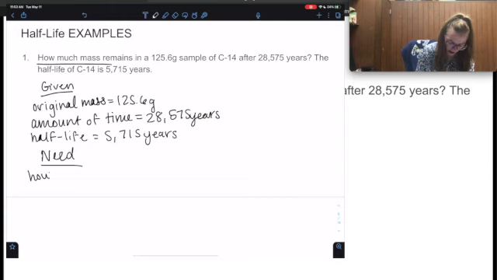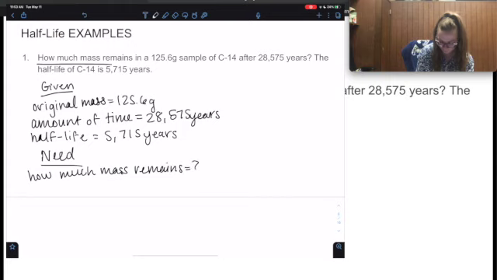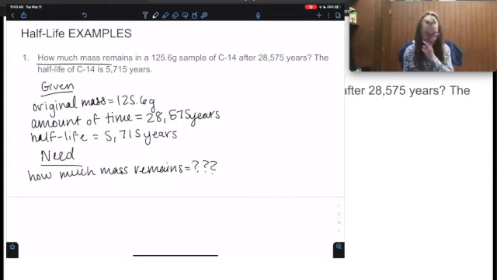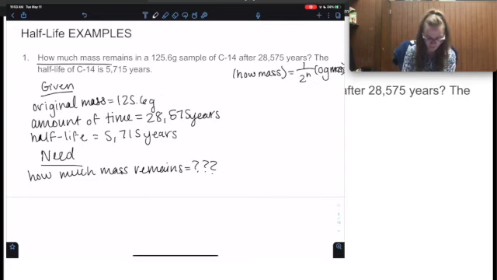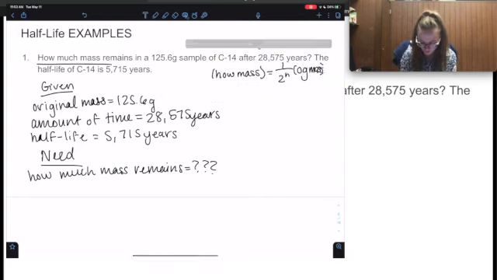Okay, so we're going to use that first equation from your resources that says how much mass remains. I'm just going to abbreviate that to mass remaining equals 1 divided by 2 to the n, times the original mass. Sorry, I'm running out of a bit of space there, so let me scoot that over a bit.